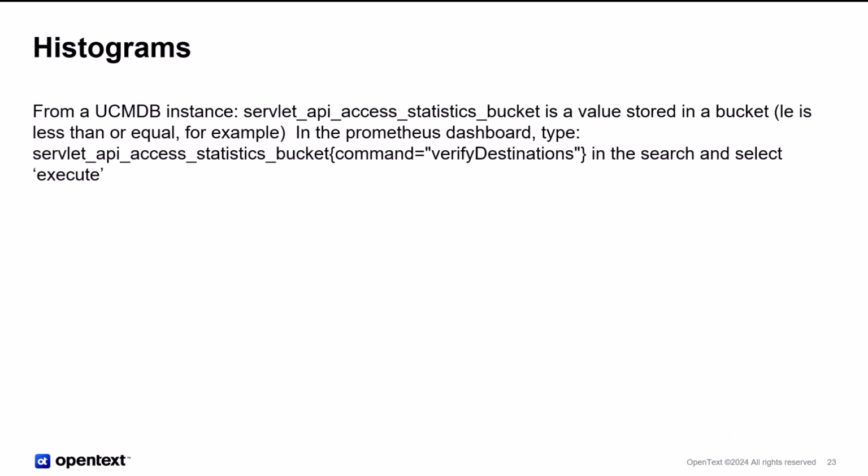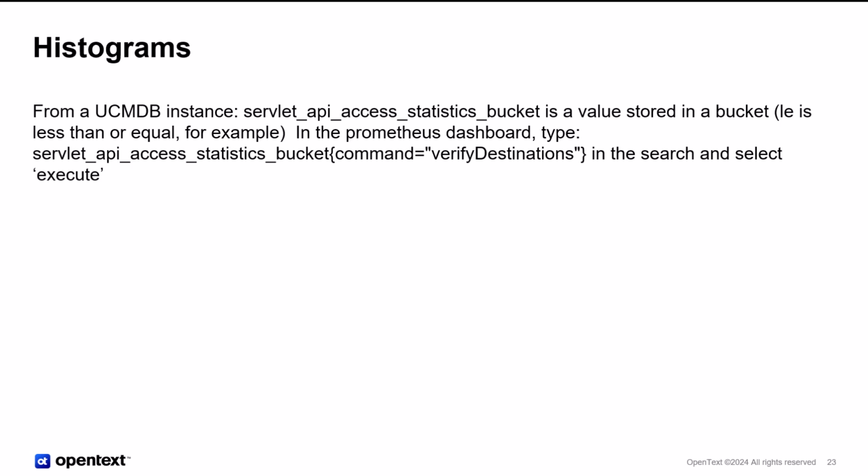Histograms are a little bit different. You'll almost always see them as buckets. So the Servlet API Access Statistics bucket has a value that is stored in various buckets for that particular attribute. The buckets will have greater than and less than values, and each bucket will then get an item added to it if it meets the criteria for the bucket.